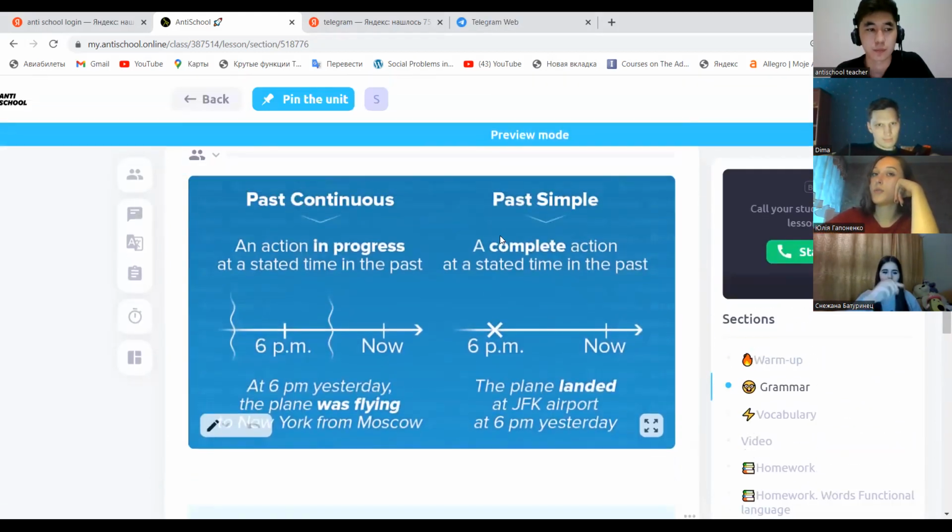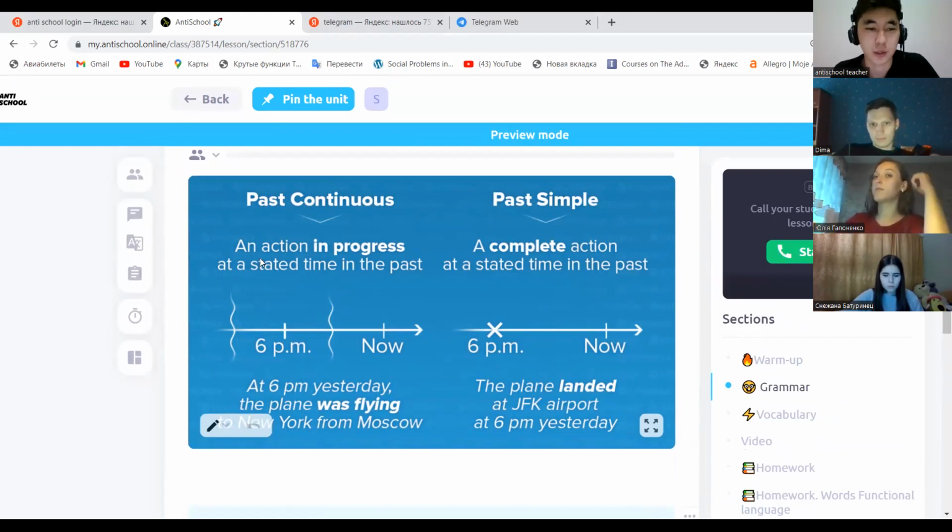In past continuous, we speak about action in the past, like process. Yeah, process. And past simple is just some action, so in one moment.